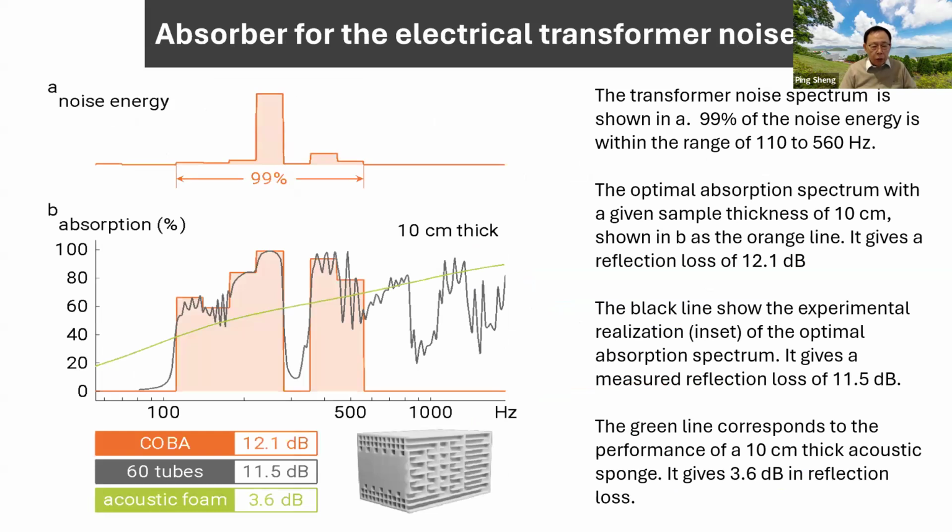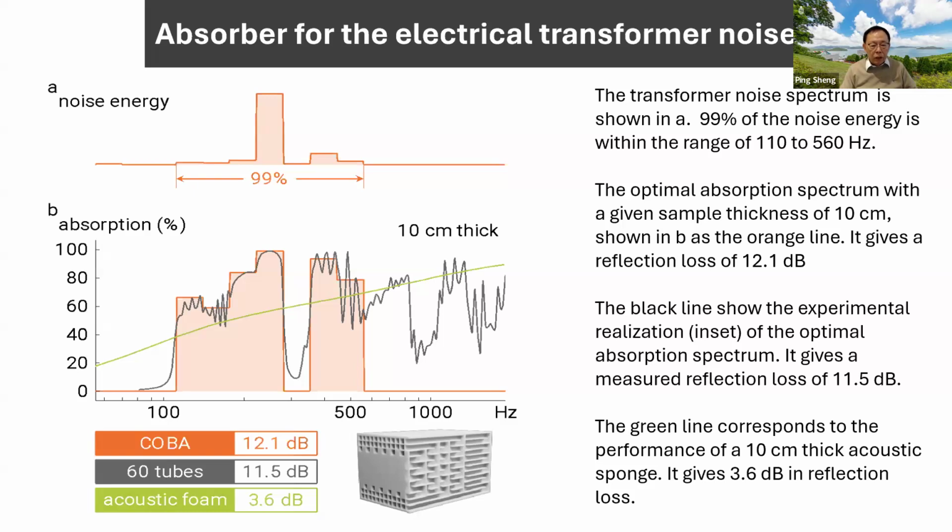And to show you the power of the above algorithm, we show a case where the traditional absorber cannot achieve. We want to absorb the noise generated by an electrical transformer. 99% of the noise energy is within the range of 110 to 560 hertz.